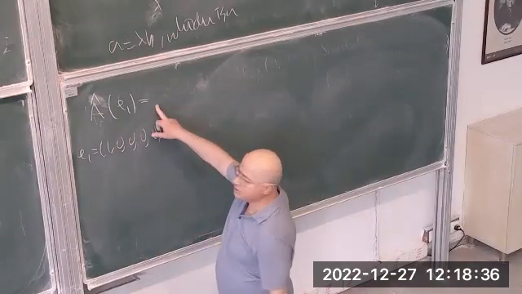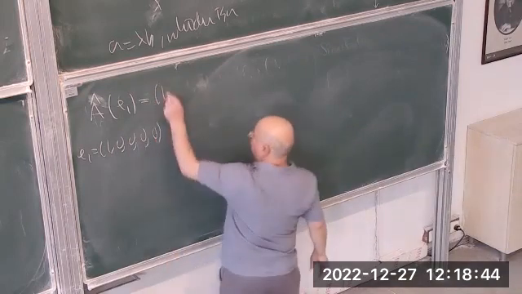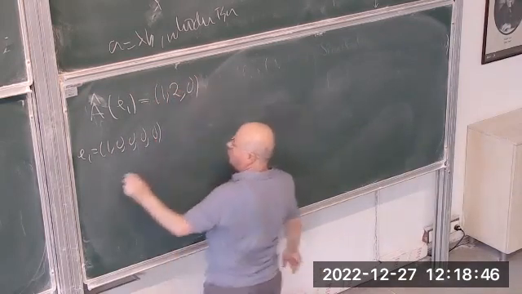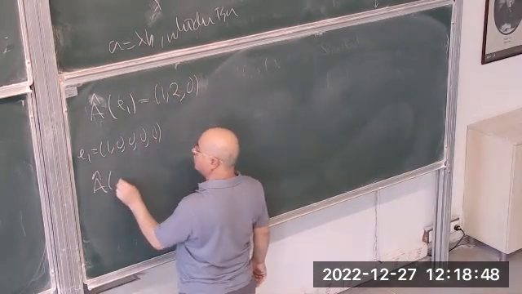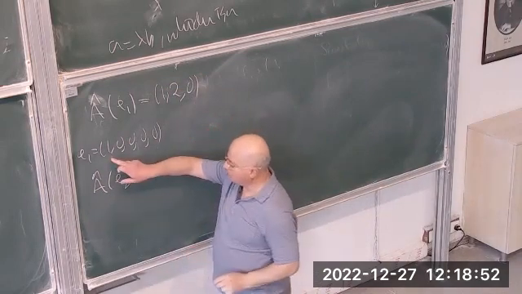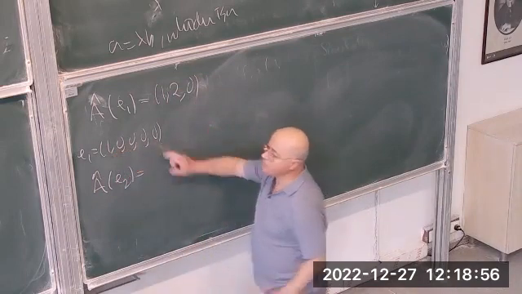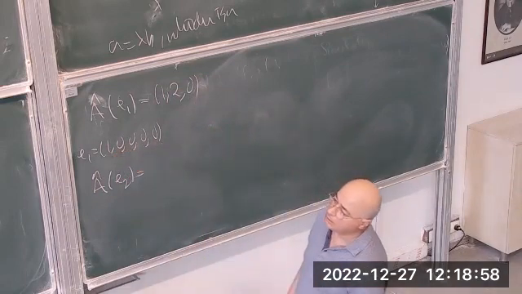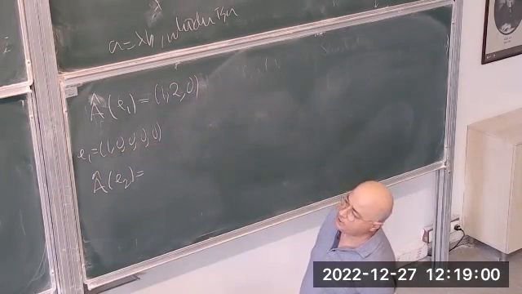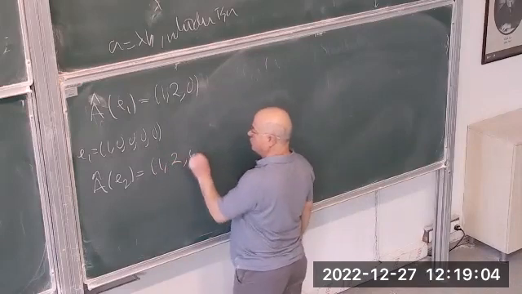So what is this result? 1, 0, 0 koyarsanız ne çıkıyor? 1, 2, 0. So this is (1, 2, 0). What about this digit? So (0, 1, 0, 0, 0), 1, 2, 0 gene değil mi? 1, 2, 0.